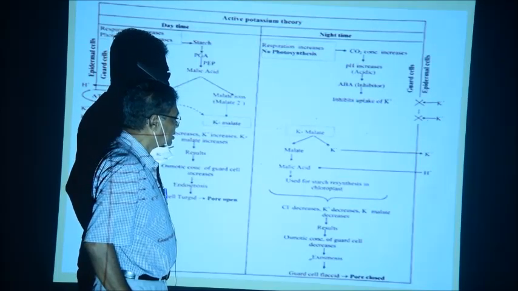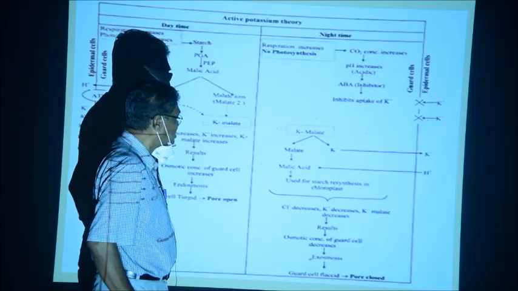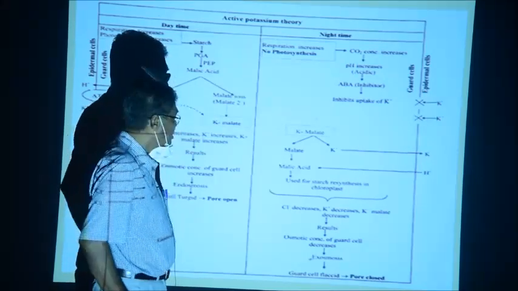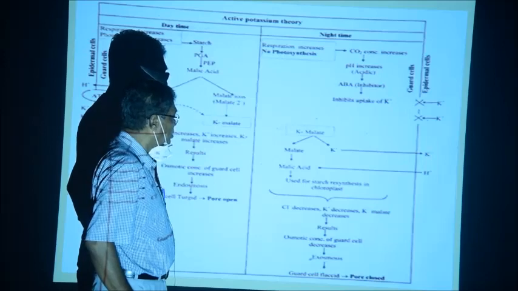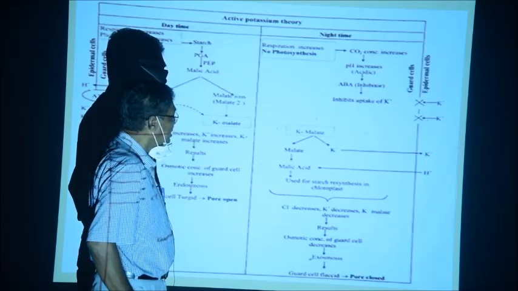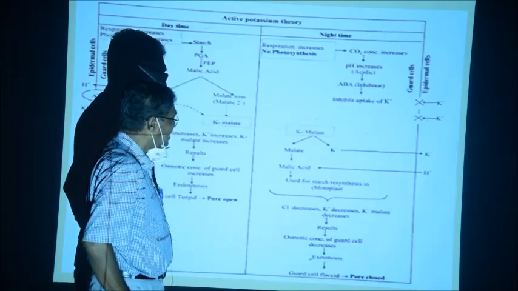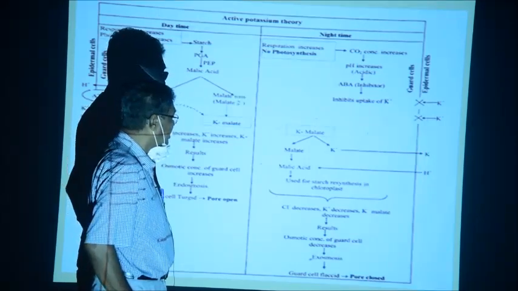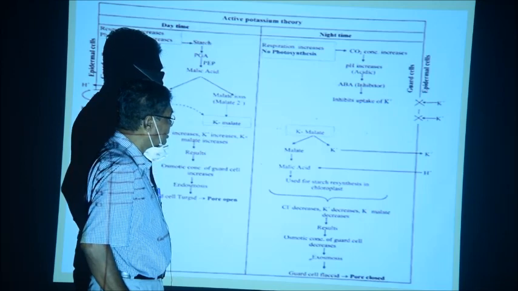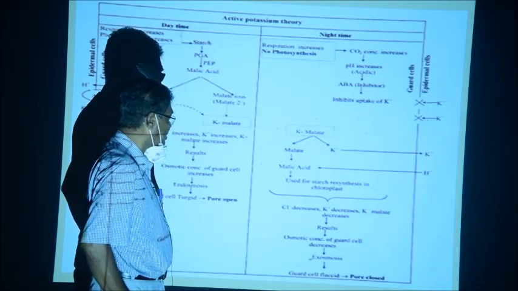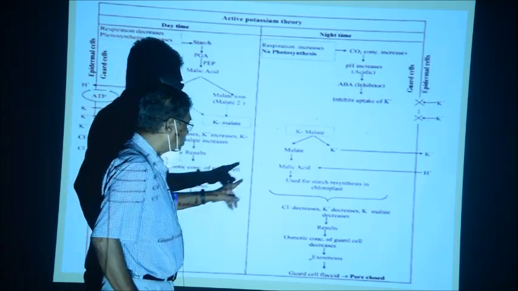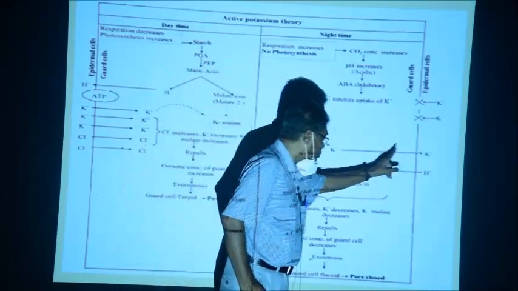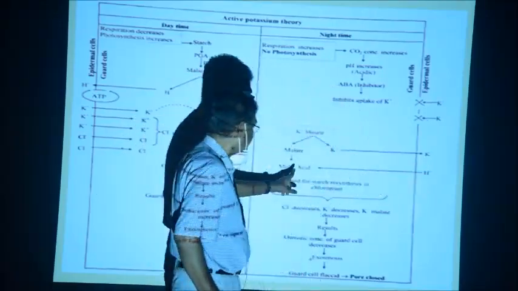The entry of potassium ions is prevented by a hormone called abscisic acid. It is an inhibitor hormone, abscisic acid, which prevents entry of potassium ions. So, potassium ions do not enter. So, potassium ions go out and hydrogen ions come in.